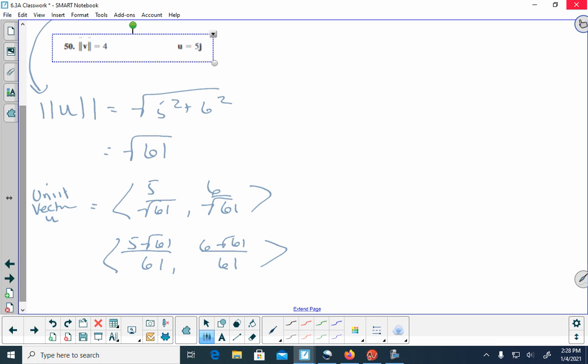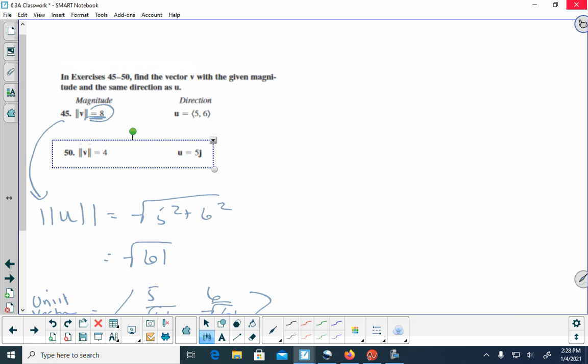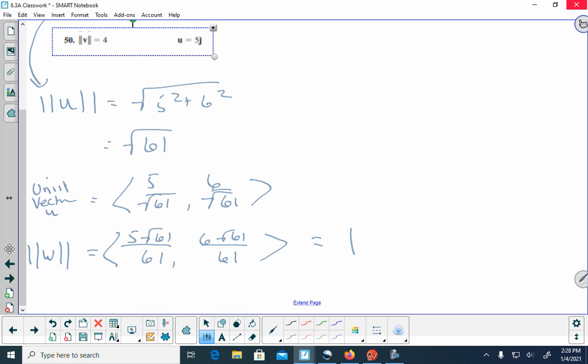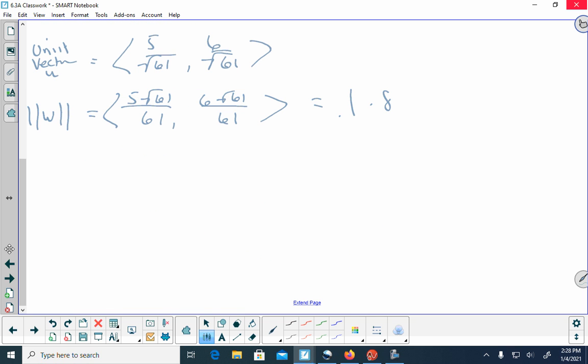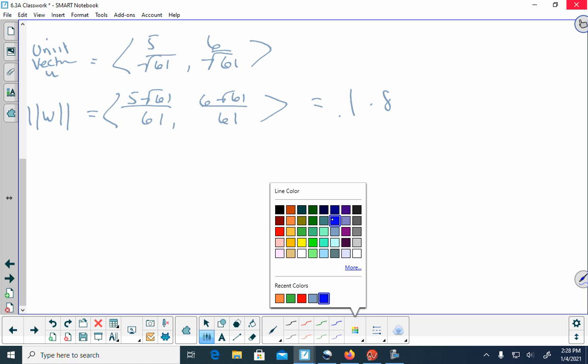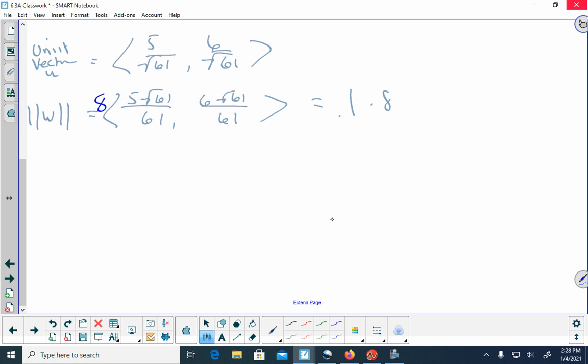So now this has a magnitude of 1. Well, I wanted to have a magnitude of 8. So if I want 1 to equal 8, I'm just going to multiply by 8, which means I'm going to take this vector that I just found and multiply that by 8. So I'm going to have an 8 over 1.